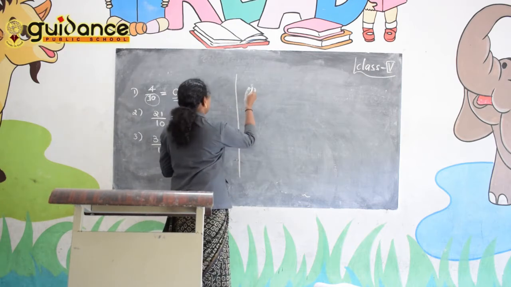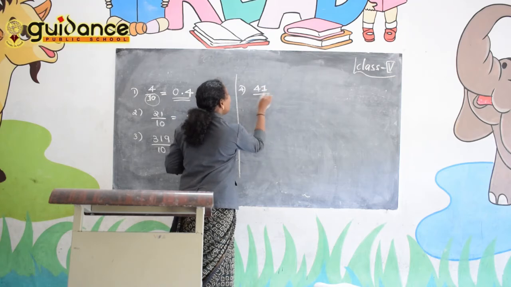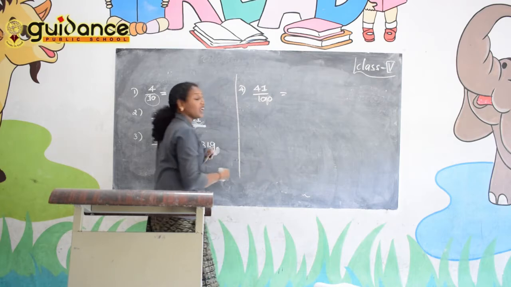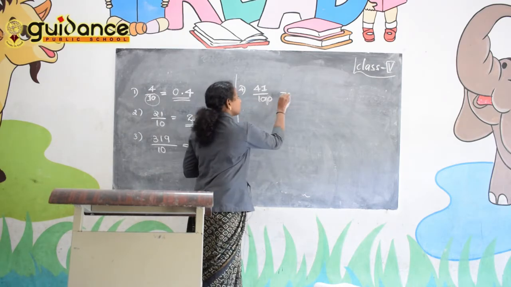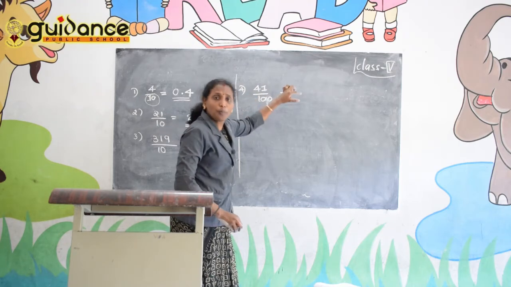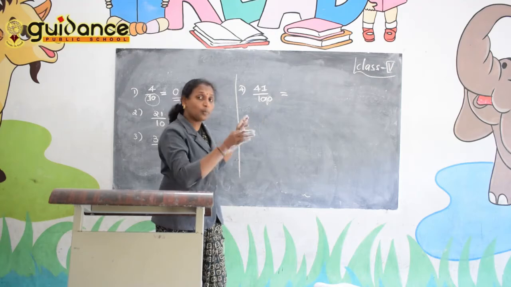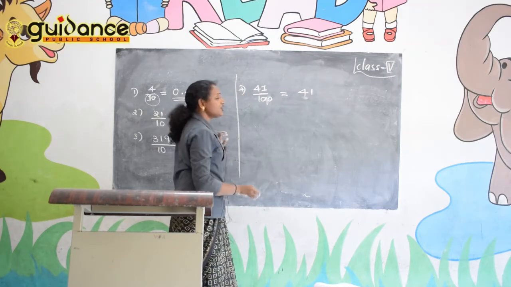The next, question number 4, 41 by 100. In this number the denominator has two zeros. That means we move two places to the left and put the decimal point. Two places. That means first we write the numerator, then move two places.